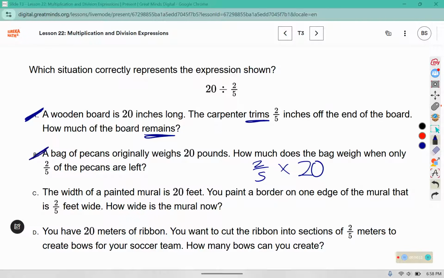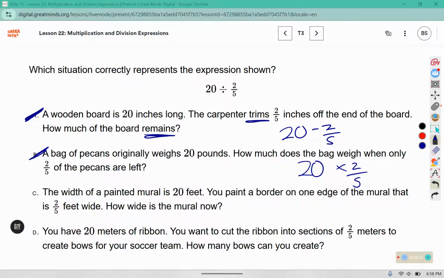So this is not a division problem. Remember, this was a subtraction problem. This one was a multiplication problem. We could also write it the other way and still get the same answer.